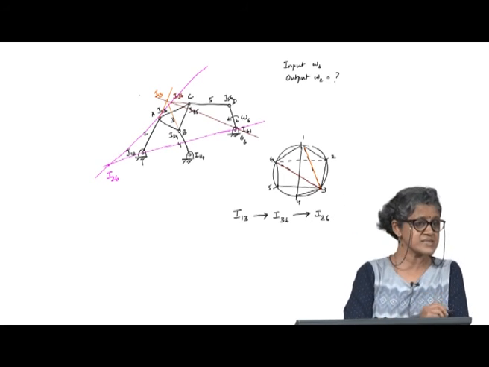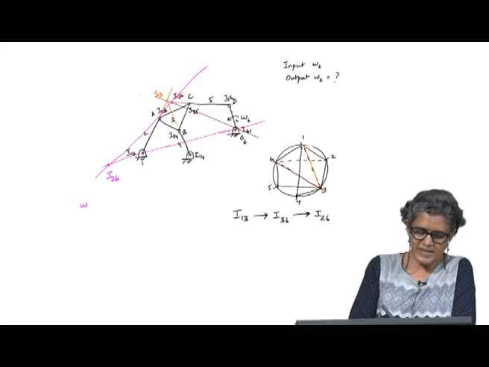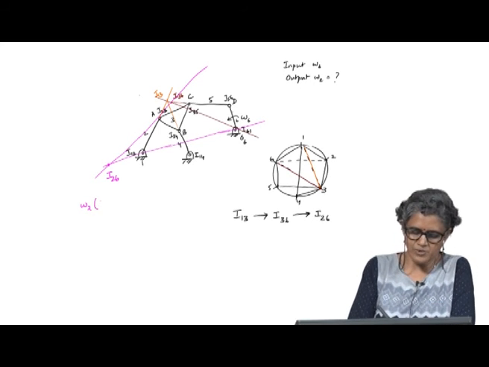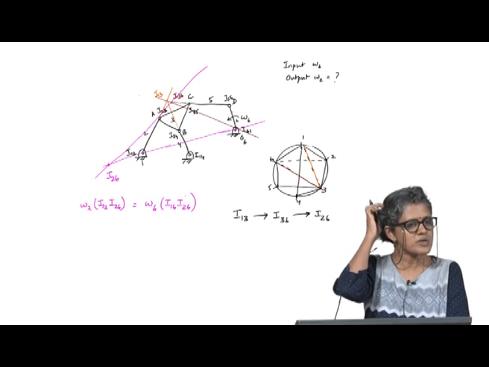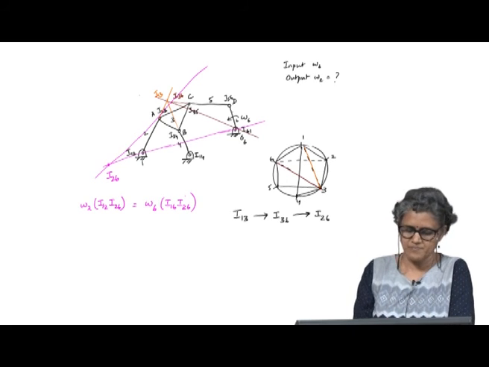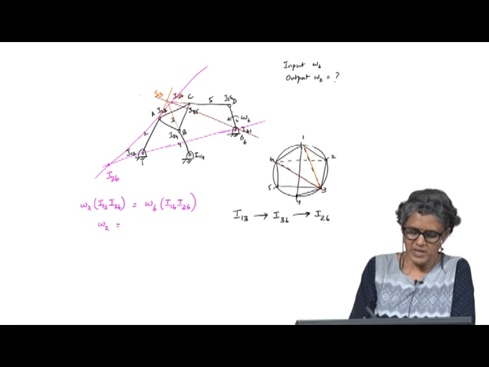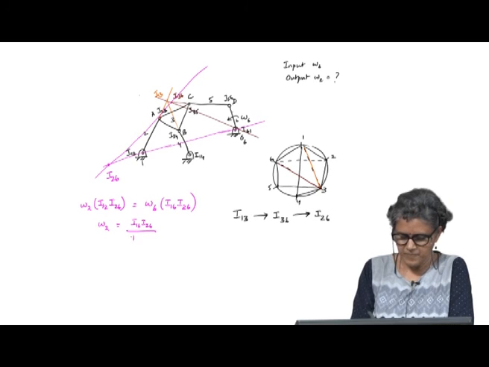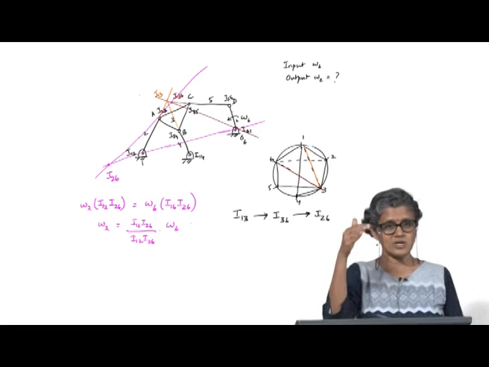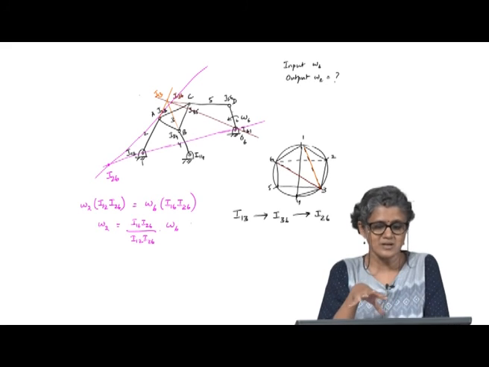So if I find I26, I directly get omega 2, because omega 2 into I12, I26 is equal to omega 6 into I16, I26, because I26 is a point that is common to both link 2 and link 6. Therefore, omega 2 is I16, I26 by I12, I26 omega 6. So, in some cases where it is not possible to solve by the velocity difference method, instant centers may work.